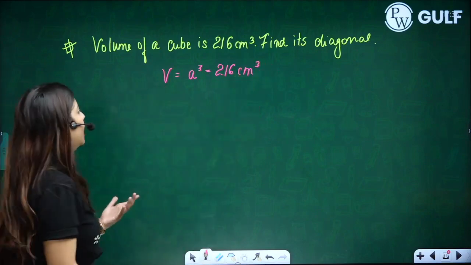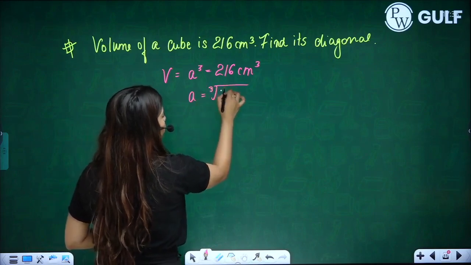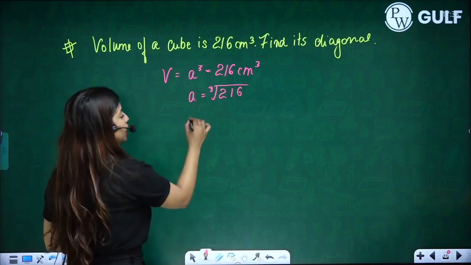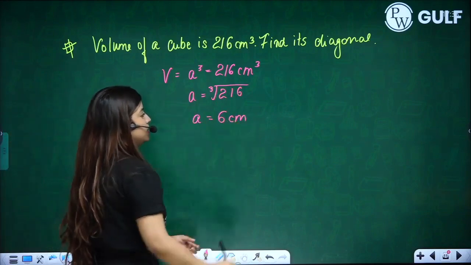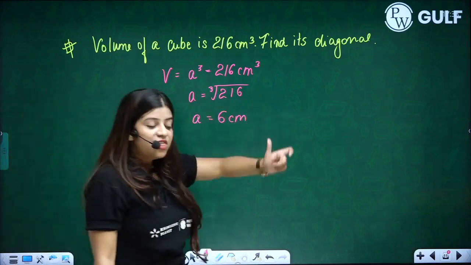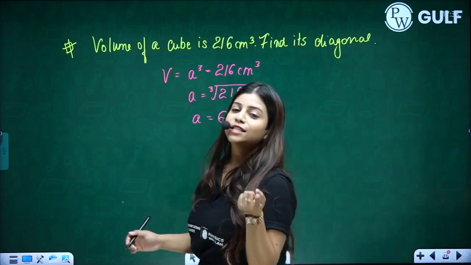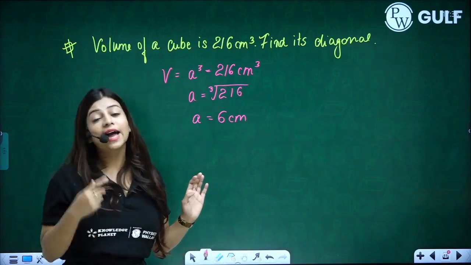Then a equals cube root of 216. And from here we can calculate the side of the cube, that is 6 centimeter, as you should be aware that 216 is the cube of 6, that is 6 into 6 into 6. So by this we can simply calculate the side of the cube.